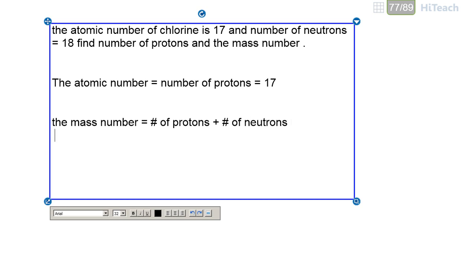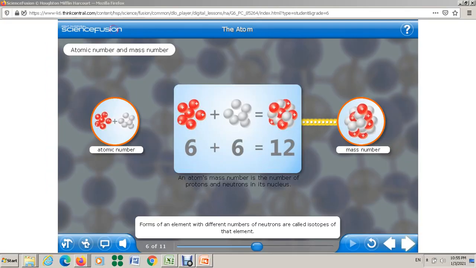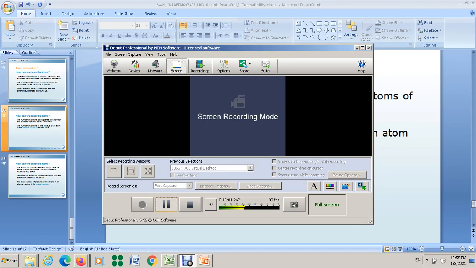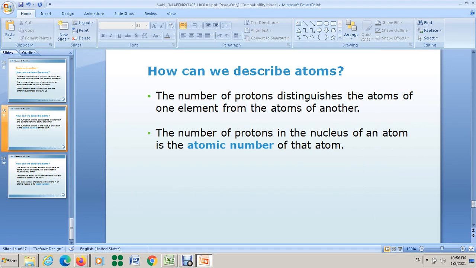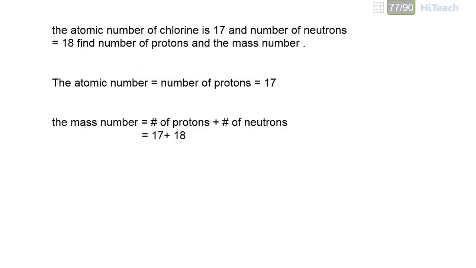Let's solve it now. The mass number equals 17 plus 18, which equals 35. This is the mass number.